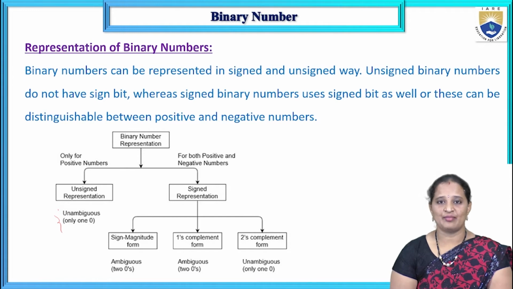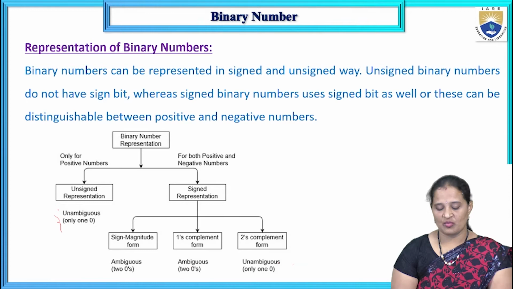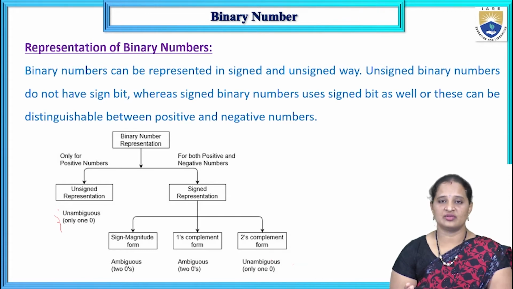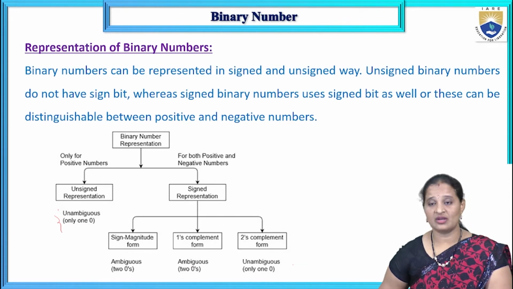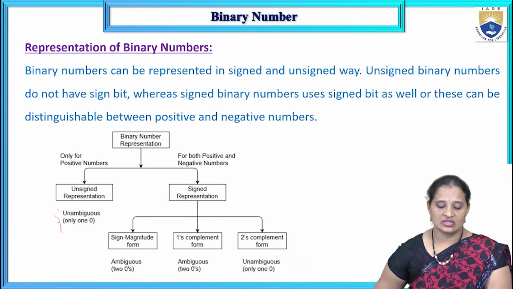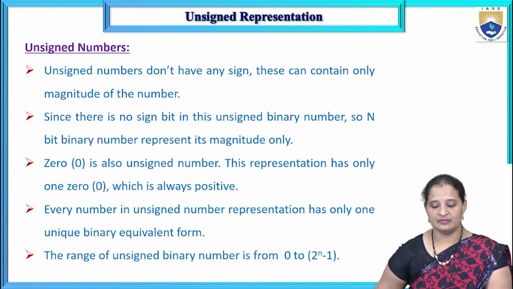Whereas in the 1's complement form, again we have two representations for 0, which is ambiguous, that means controversial. And 2's complement is unambiguous, that means only one representation is there for 0. So this is about binary representations.